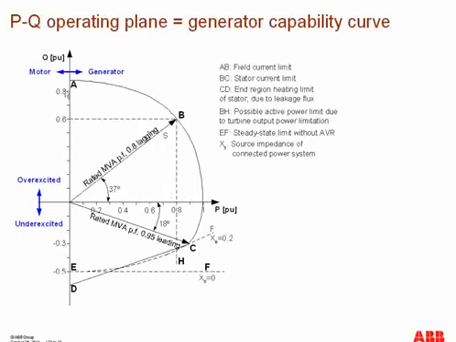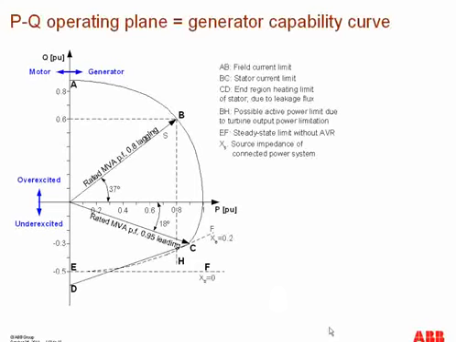And as you can see over here, if the active power is being supplied to the power system, then the machine is acting as a generator. But if the direction is reversed for the active power, then the machine is acting as a motor. Similarly, if the machine is supplying reactive power to the system, then it is in the overexcited mode, and if it is receiving the reactive power from the system, then it is in the underexcitation mode.